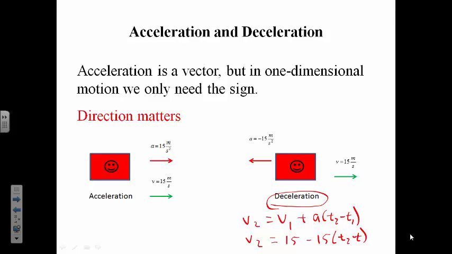The idea is that because this A is negative, that negative A is going to cause our velocity to become smaller in time. And that's what a deceleration is. Our velocity becomes smaller in time.